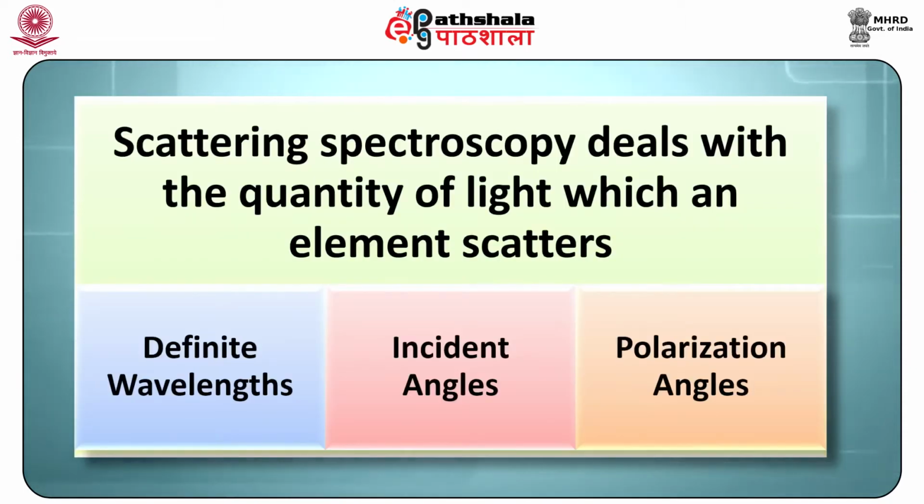Scattering spectroscopy deals with the quantity of light which an element scatters at definite wavelengths, incident angles, and polarization angles. The scattering procedure is much quicker than the absorption or emission process. One of the most valuable uses of light scattering spectroscopy is Raman spectroscopy.